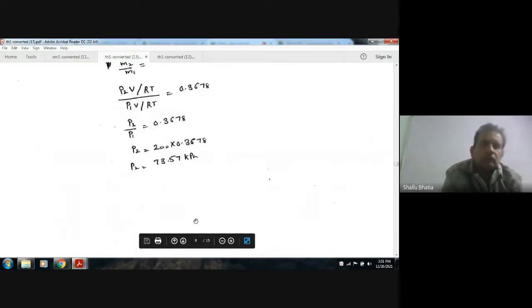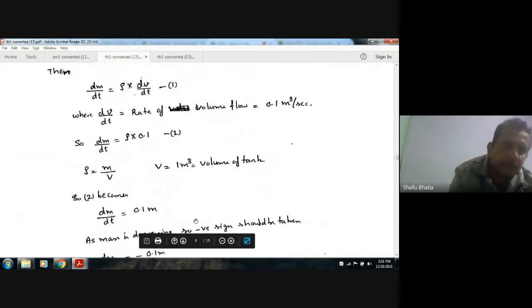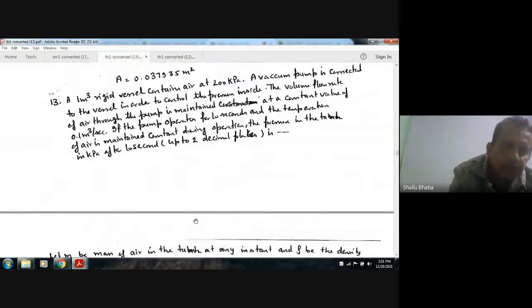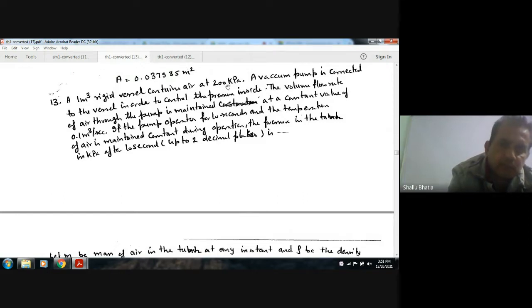Okay, let us read it again and try to understand it once more. A rigid vessel is of 1 meter cube, and initially it is at a pressure of 200 kPa. A pump is extracting air at the rate of 0.1 meter cube per second in terms of volume.